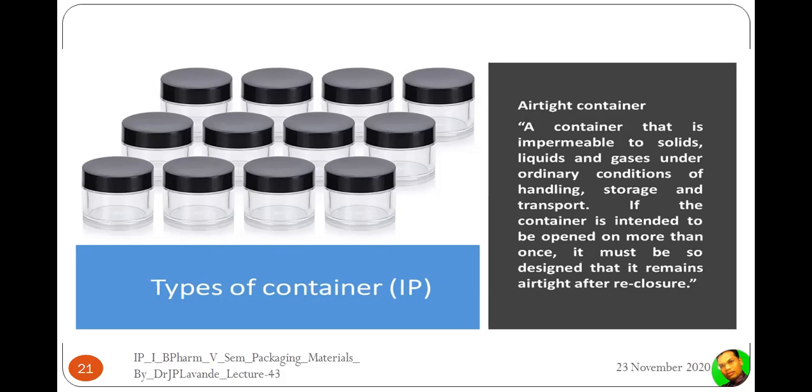An airtight container will not allow permeability of solids, liquids, and gases under ordinary conditions. If the container is intended to be opened more than once, it must be so designed that it remains airtight after reclosure. If we are opening and then closing it, it should remain airtight.